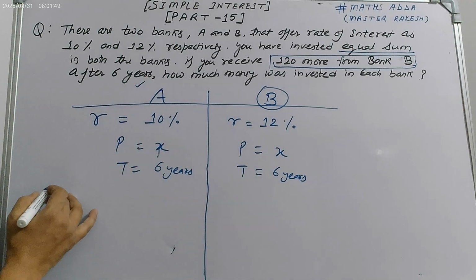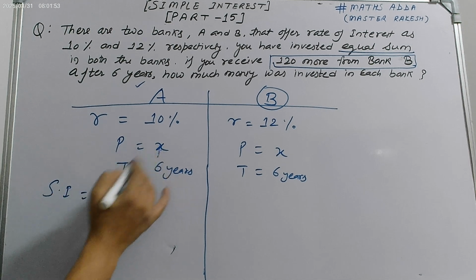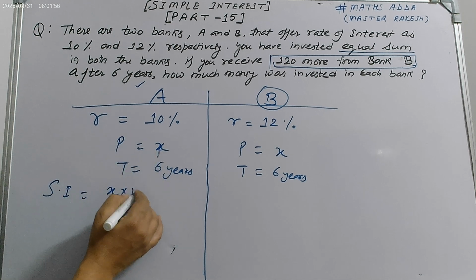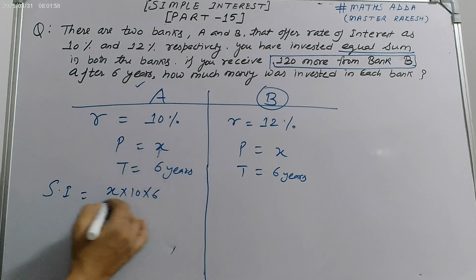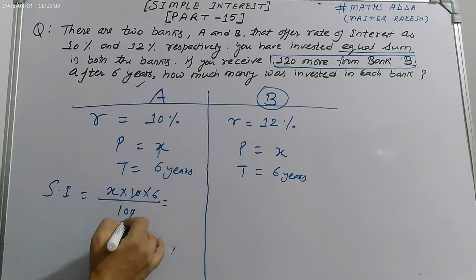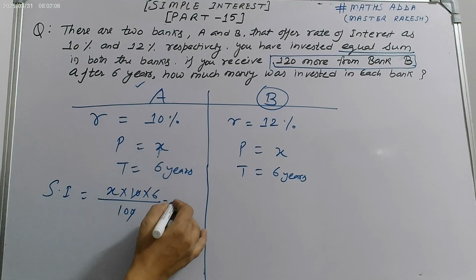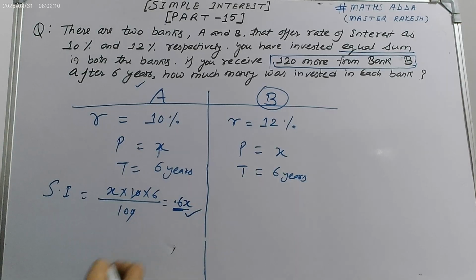First we will calculate the SI equal to P into R into T upon 100. X into R, which is 10, into T, which is 6, upon 100. Zero cancels with zero, 6 times 6 upon 10, so the SI becomes 0.6x.